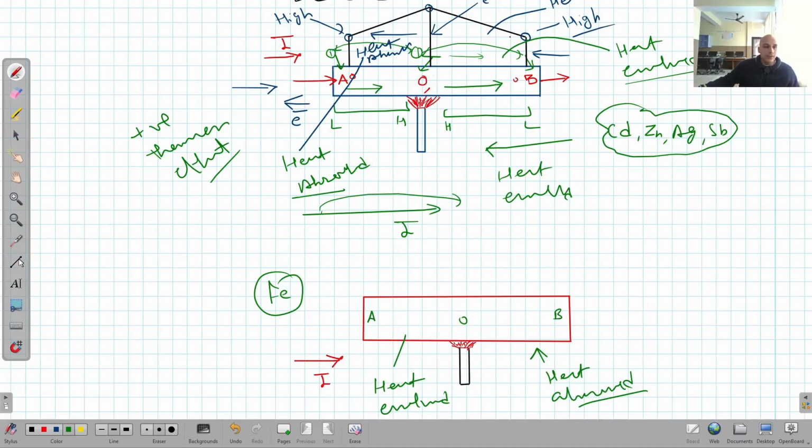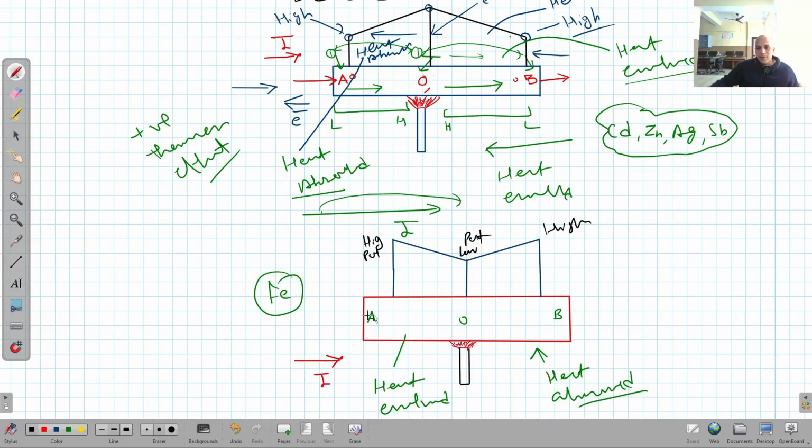If I draw the potential wall, then you can see here that in this case it is high potential, it is low potential, it is again high potential.